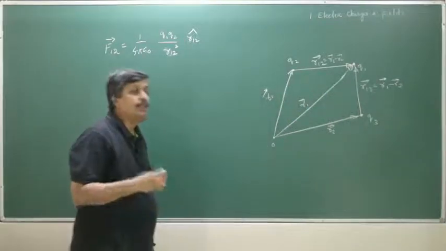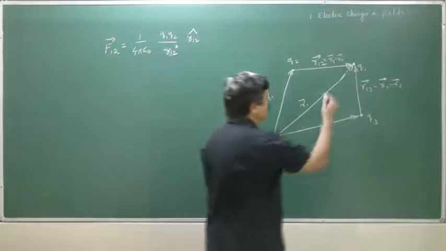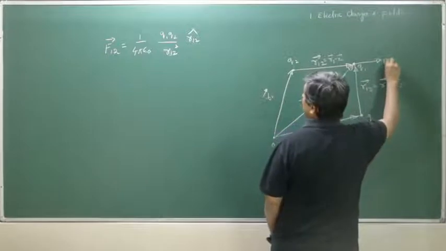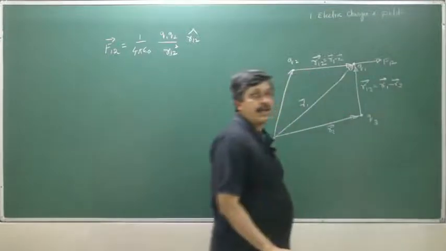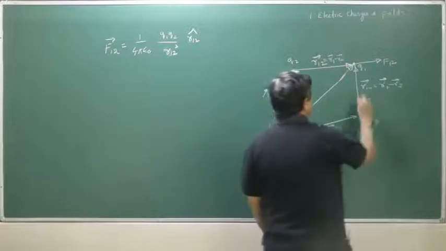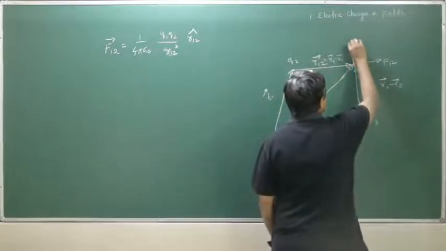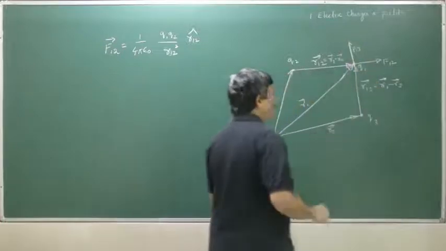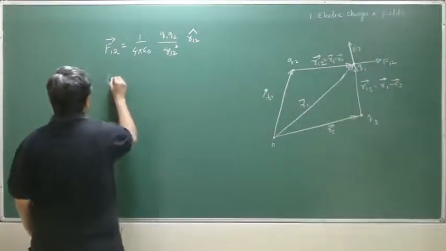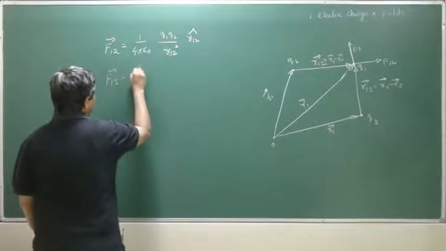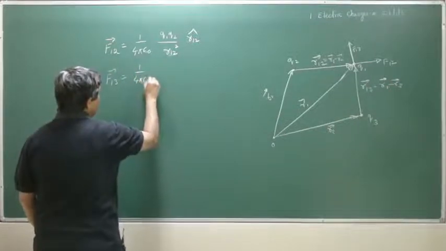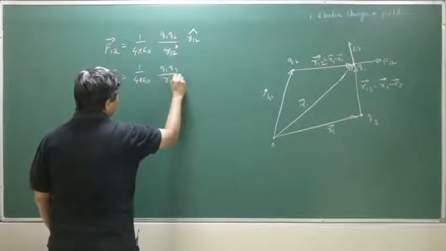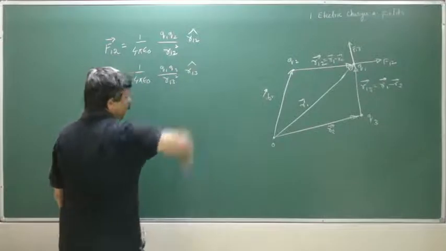And how does it look? Here is a force which I will call F12. Similarly, here this will be F13, and F13 also can be easily calculated as 1 by 4 pi epsilon naught into q1 into q3 divided by r13 square into r13 cap.